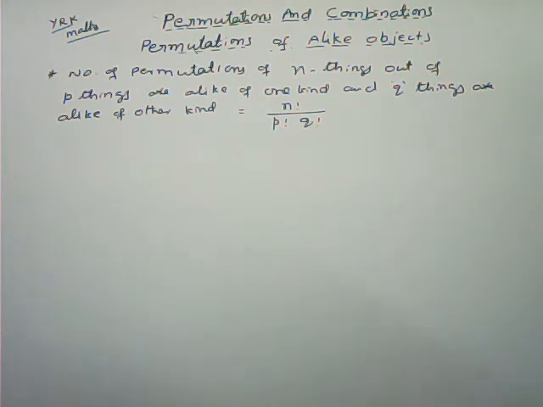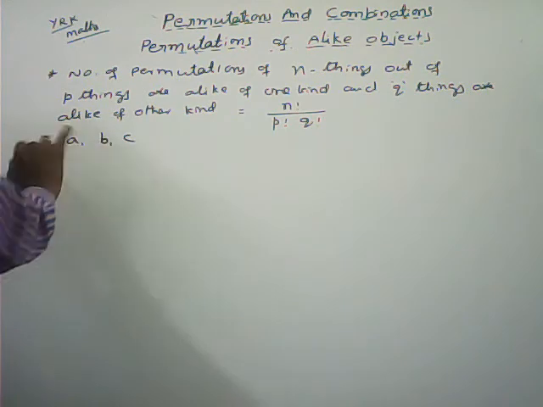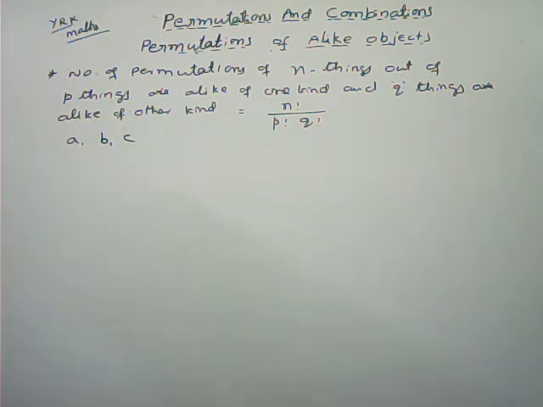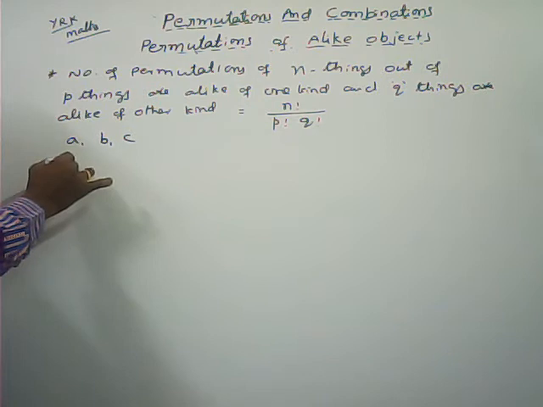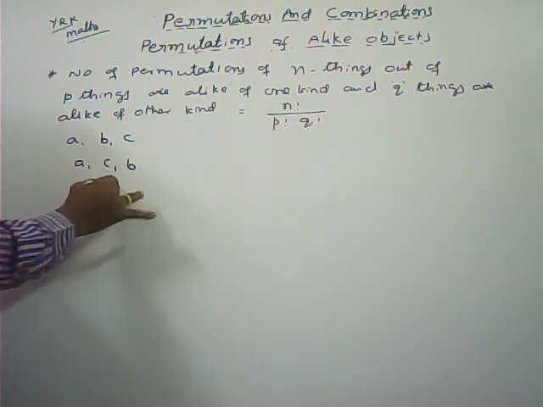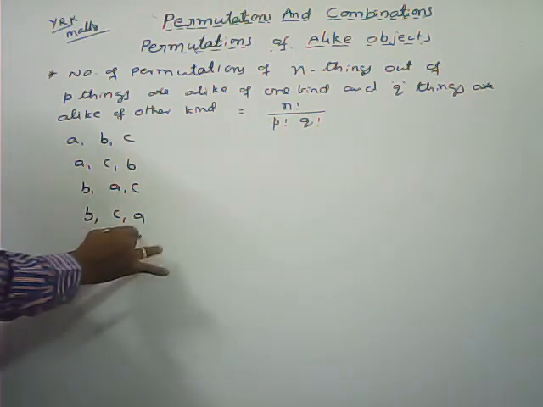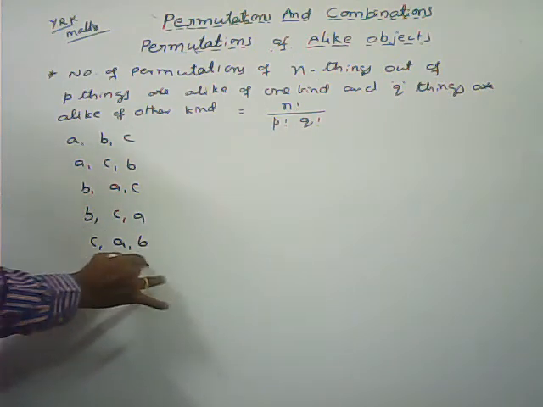For example, here I am taking three letters or things, any objects. So the total number of linear permutations, how many are we getting? ABC, ACB, BAC, BCA, CAB, CBA.